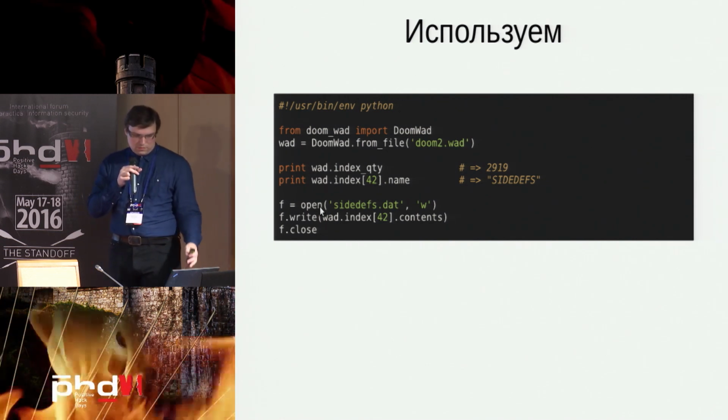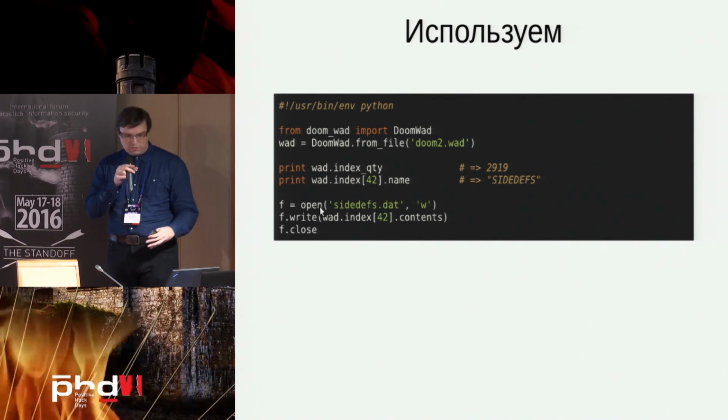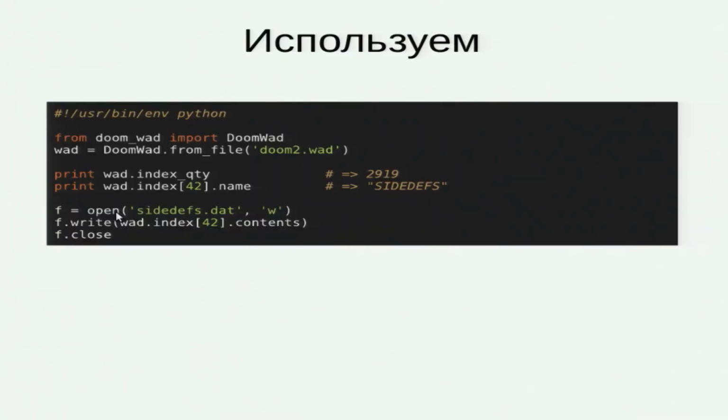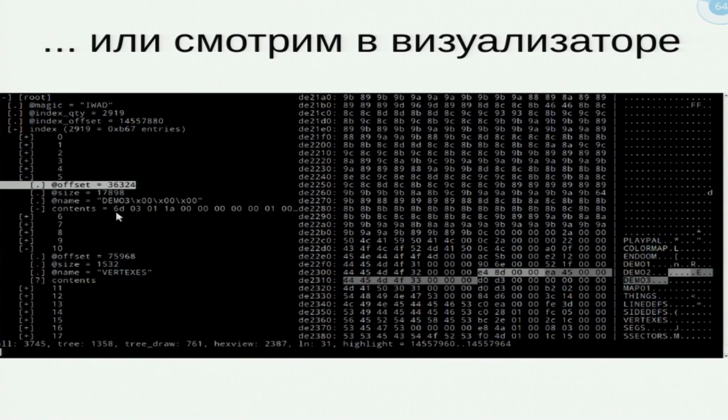We can ask the number of elements, the number of files in the container. We can ask the name, in this particular case, of file 42. We can open up a file and write the content of the file that we want into it.